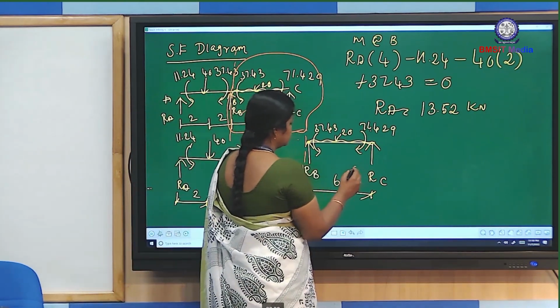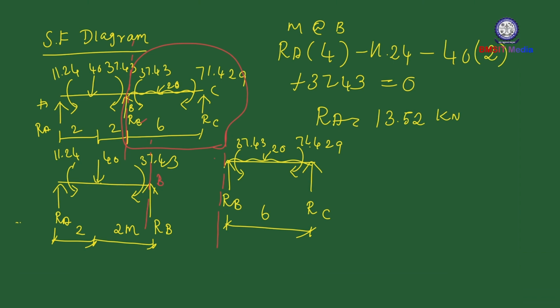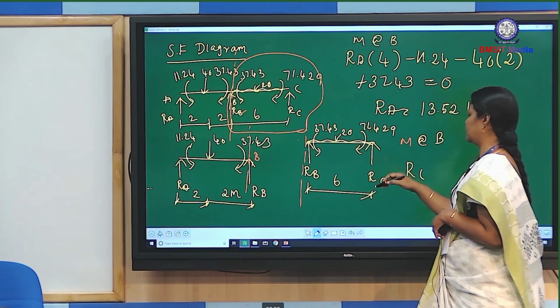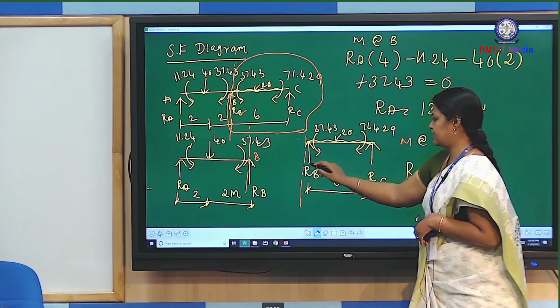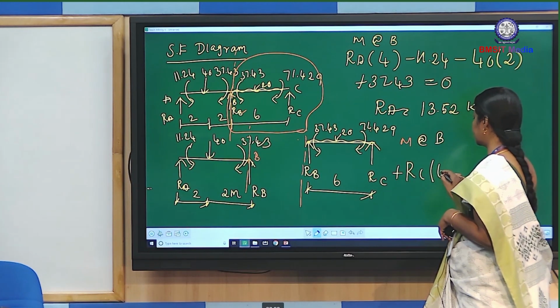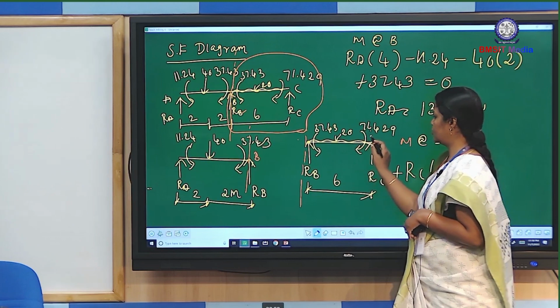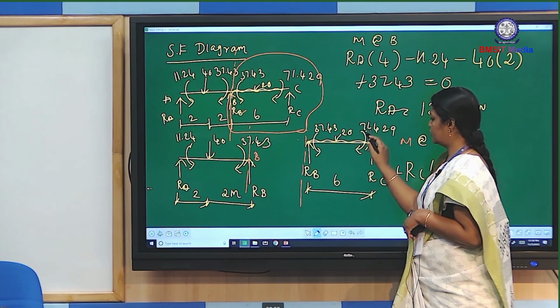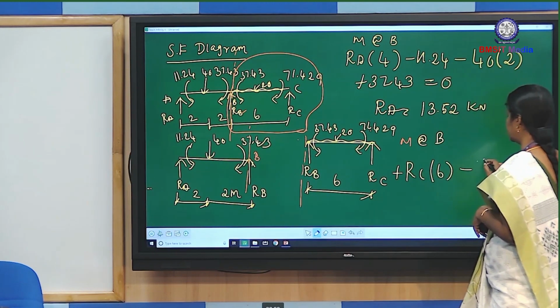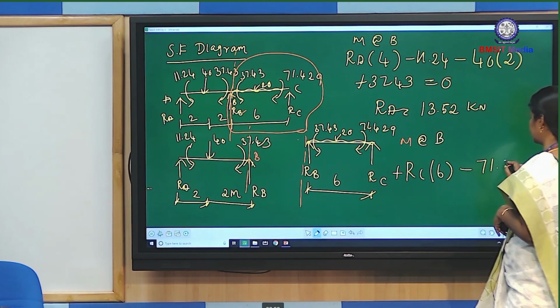Now taking moment about point B. RC is producing anti-clockwise moment. If the section is the right side, the anti-clockwise moment is positive. So RC into 6. Coming to this load, this is producing clockwise moment, so clockwise moment is minus sign if the section is the right side.